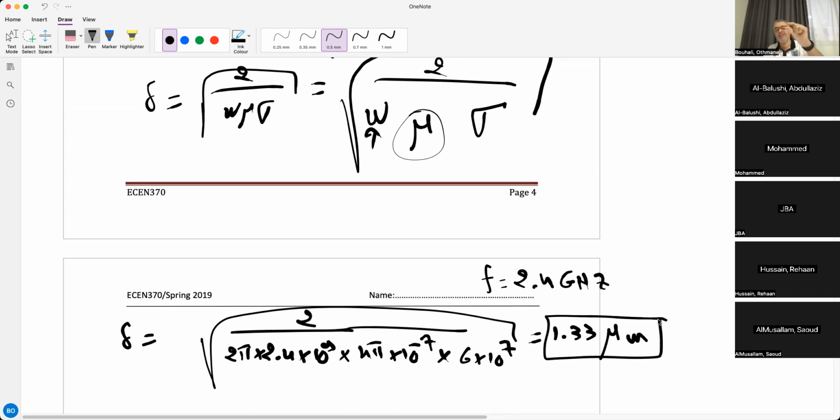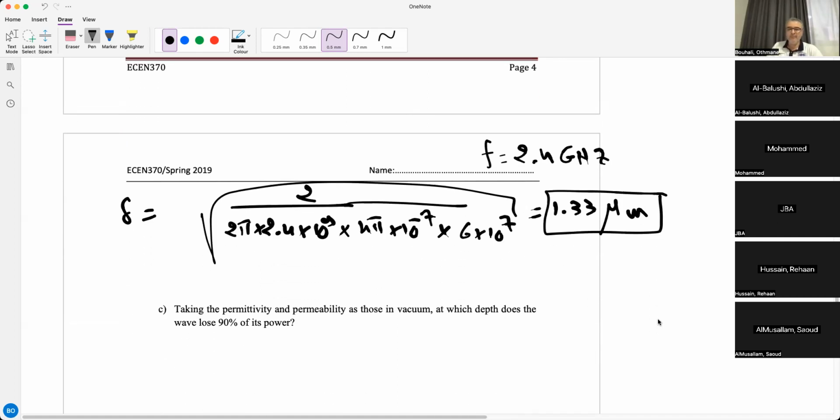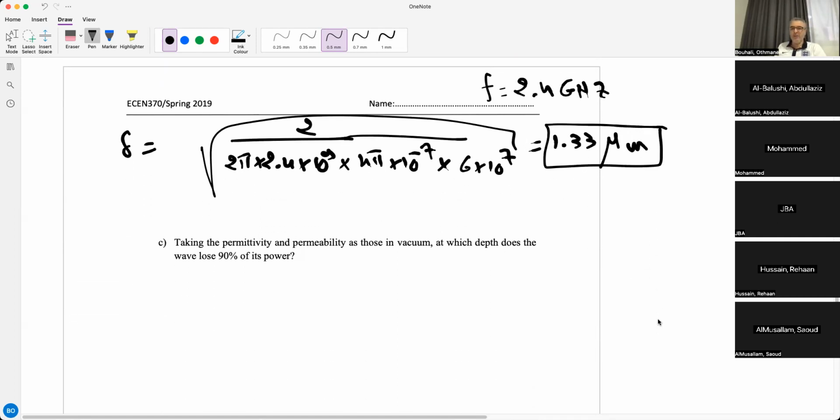So it's a very, very small distance, okay? Which means in silver, after 1.33 micrometers, this wave will lose 63% of its power. Any question?